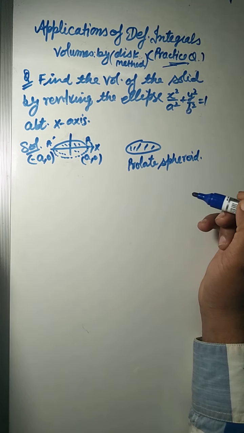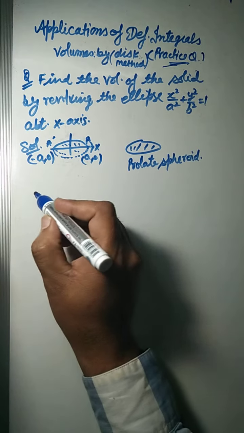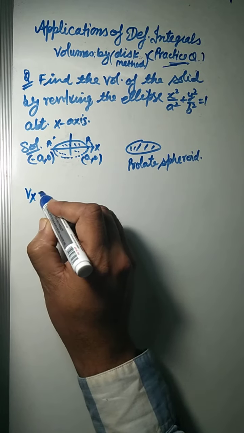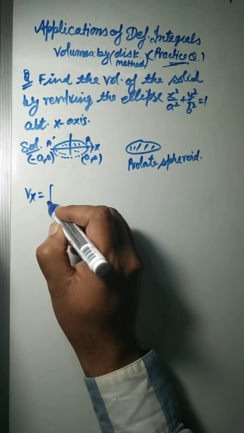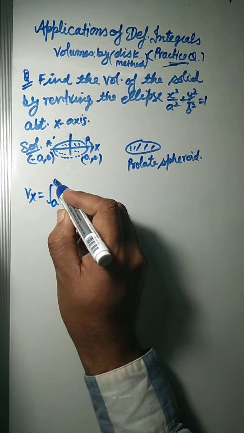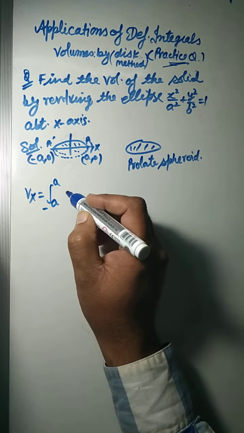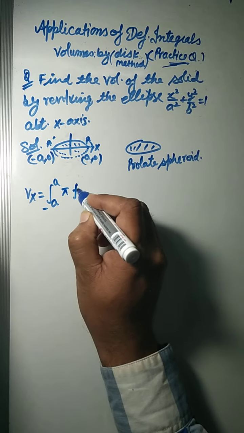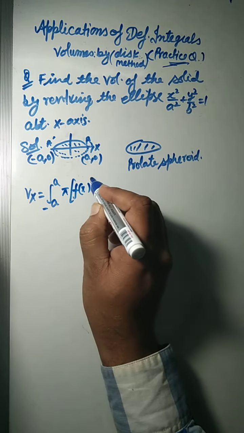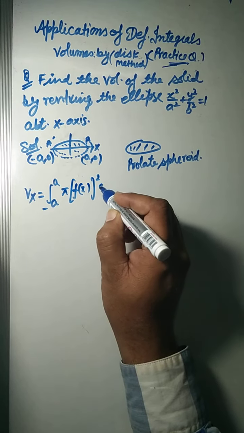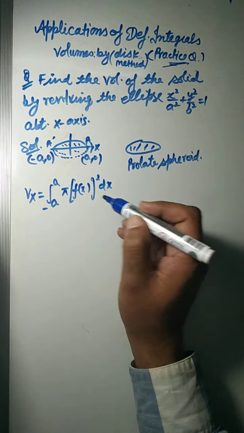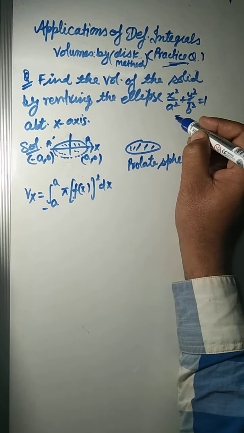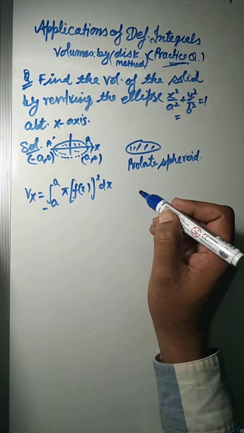Now volume about x-axis, Vx, limit goes from minus a to a of integration pi f(x) whole squared dx, and f(x) we will obtain from this equation of the ellipse.